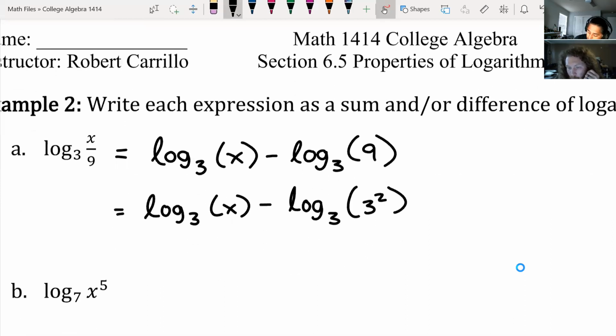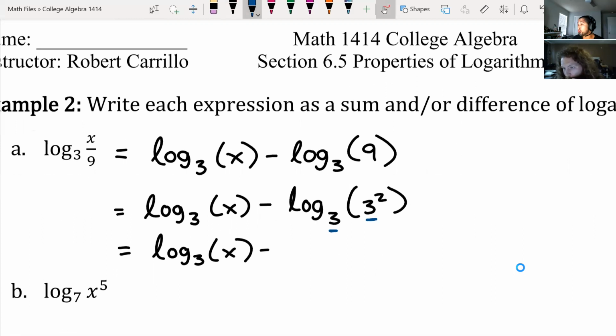And once again, this will stay the same, but over here, these bases are the same. So they will cancel, and we'll just be left with that exponent of 2.